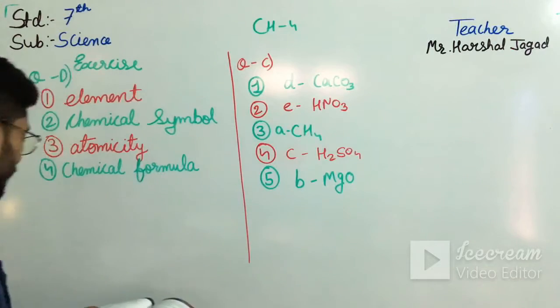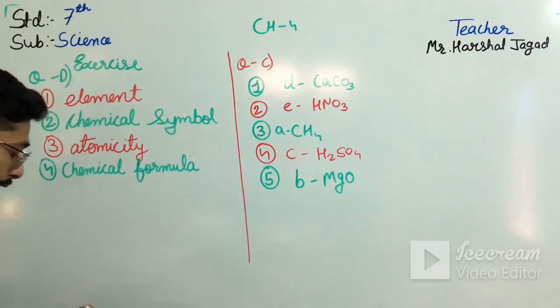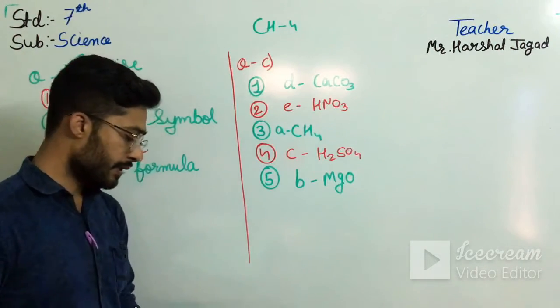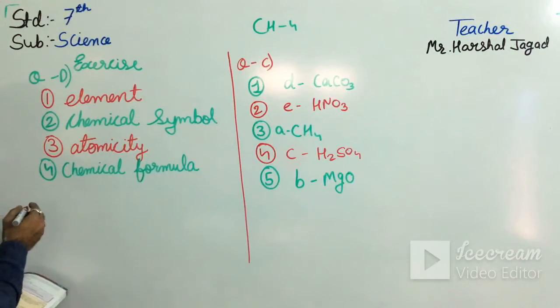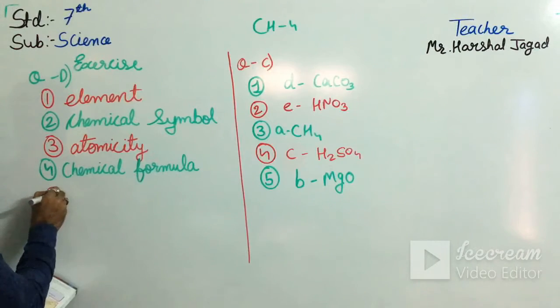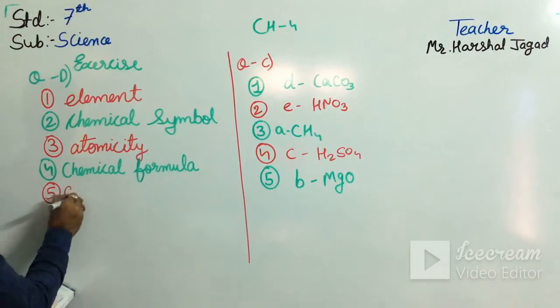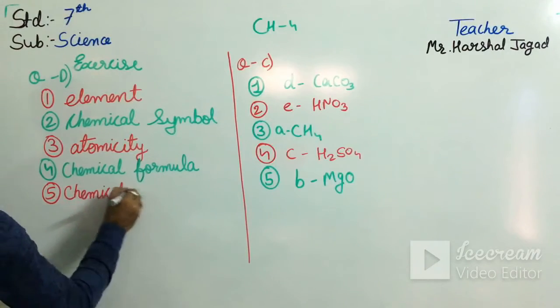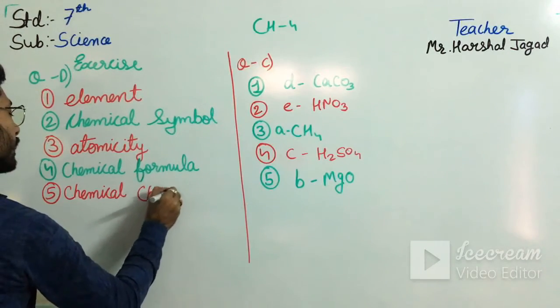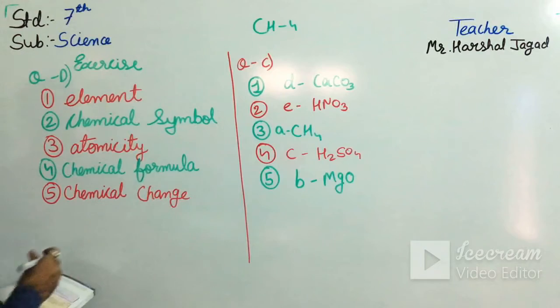Fifth one, type of changes in which a new substance is produced, that are known as chemical change. Fifth one, that is chemical change. Okay.